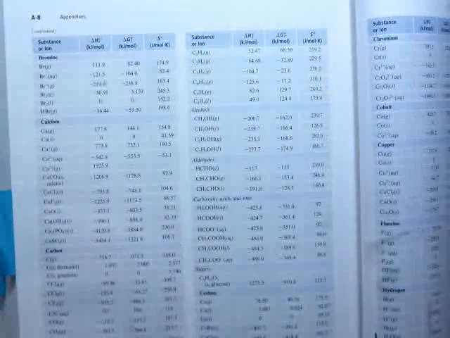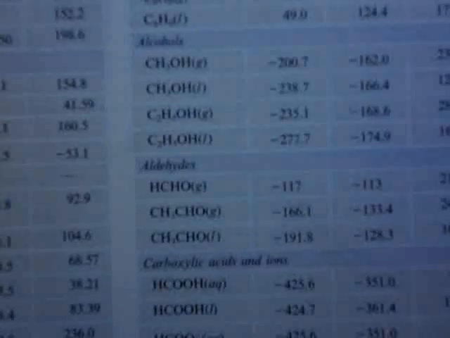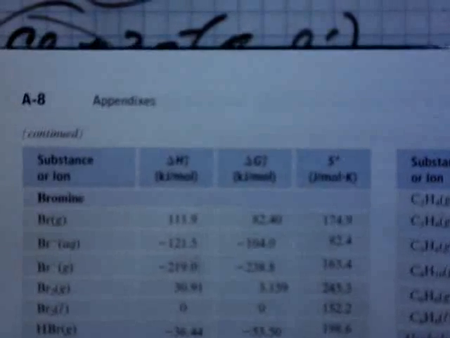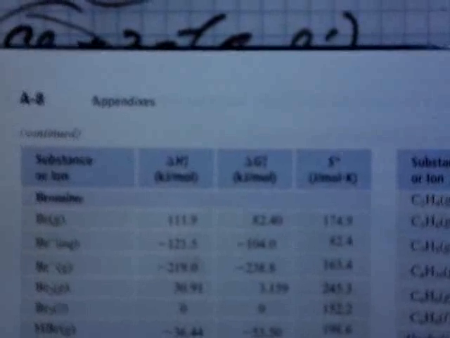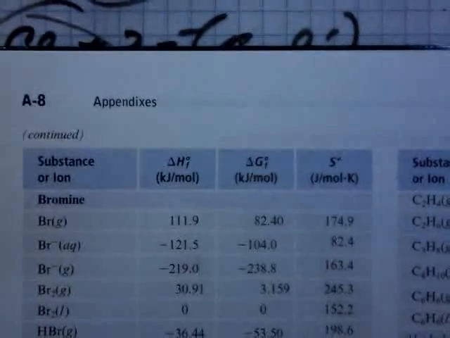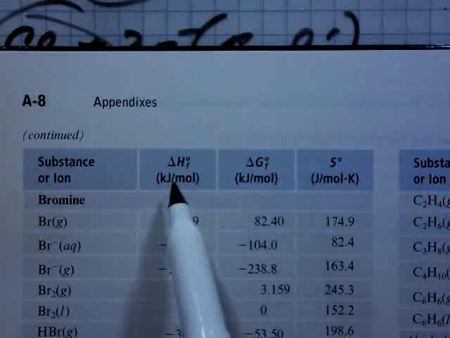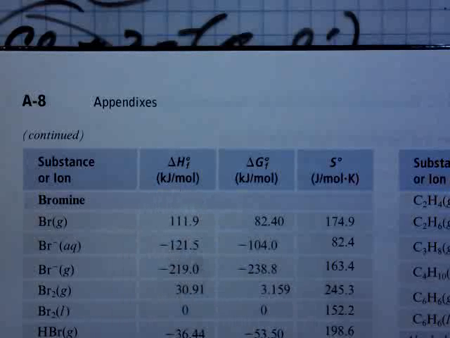Let me see if I can find one. There's one. This is a table of thermodynamic properties. At the top, you'll see these symbols. This is called the heat of formation. Substances have heats of formation with them.